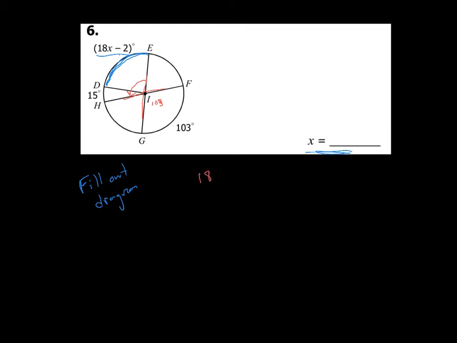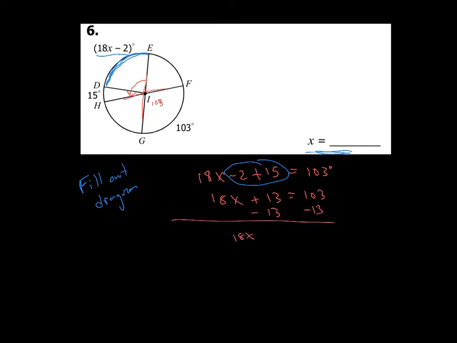So 18x minus 2 plus the 15 is worth 103 degrees. Combining like terms, I get 18x plus 13 equals 103. Subtract the 13 from both sides, and I get 18x is equal to 90.